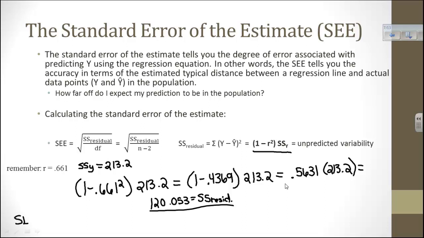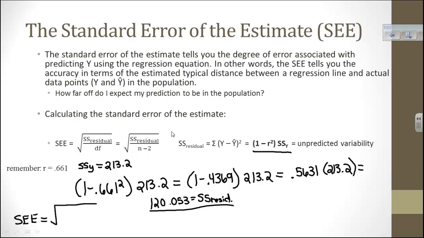So SEE. We also have to unsquare it too, because this is in terms of squared values. If you look at the conceptual formula, we had to square all those differences and add them so that we didn't end up with 0. So here we're working with an r squared as well. So we need to unsquare those differences by taking the square root. Okay.